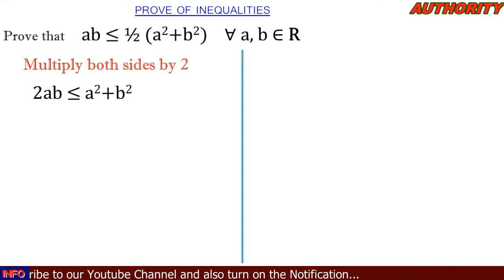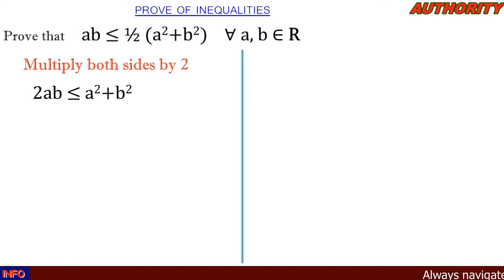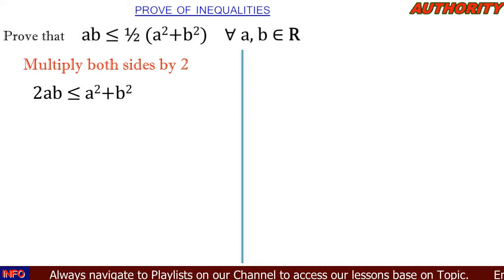In inequalities, after your solving, you can start from the answer back to your question, or from your question to your answer. If you cannot do it in any proving of inequality, that means you are not correct. In some of our lessons, we started from the answer back to the question, but in this case, I want us to start from the question to the answer.